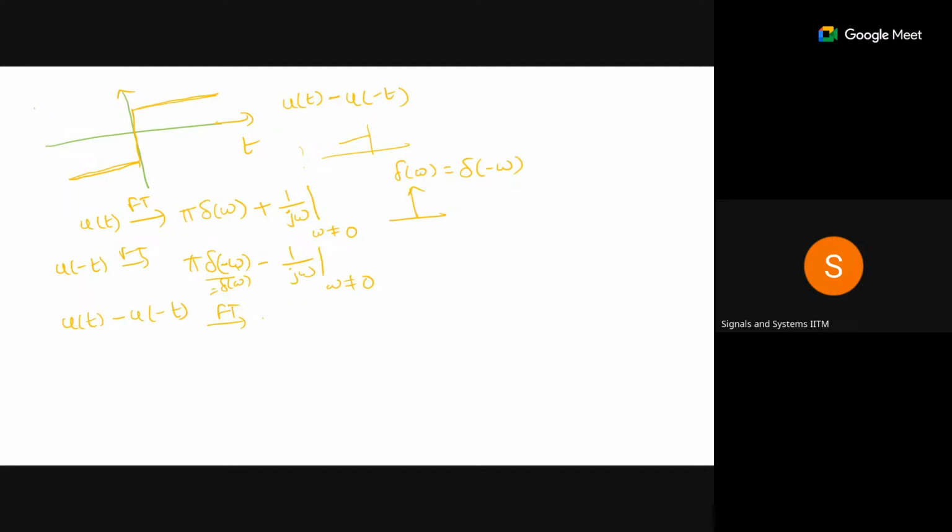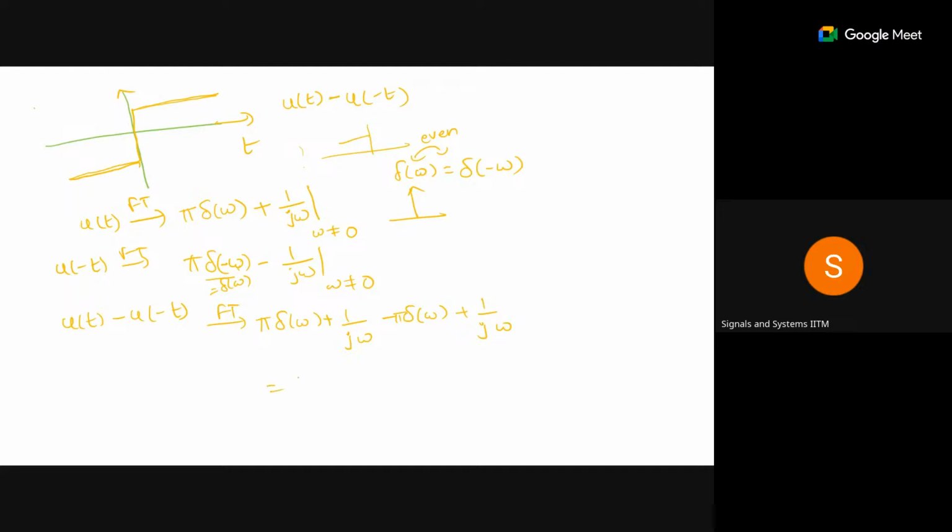Did you get this? Yes, ma'am. Since delta is an even signal, it could be written as delta of omega as well. So it will be pi delta omega plus 1 by j omega minus pi delta omega plus 1 by j omega.